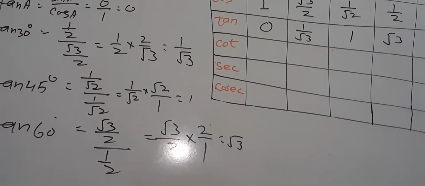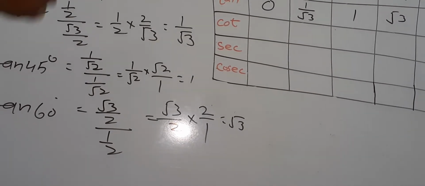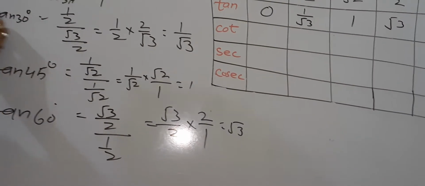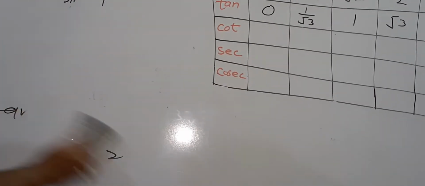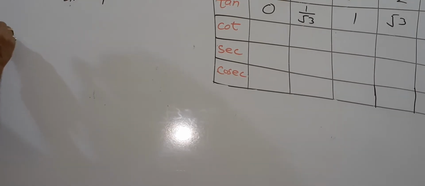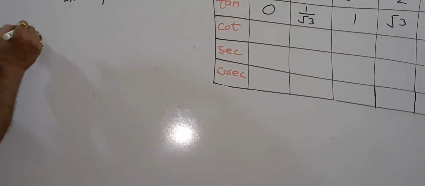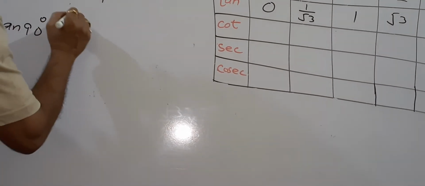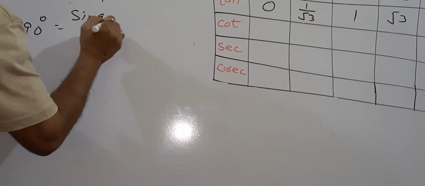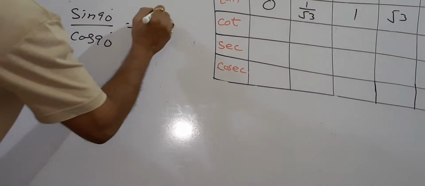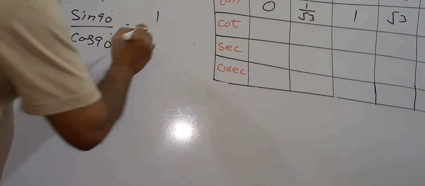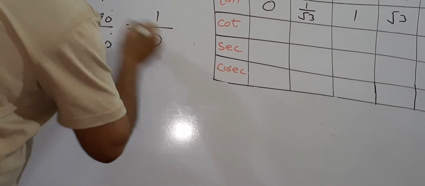Tan 90 degree. Tan 90 degree is equal to sine 90 degree by cos 90 degree. Sine 90 degree is equal to 1 and cos 90 degree is equal to 0.